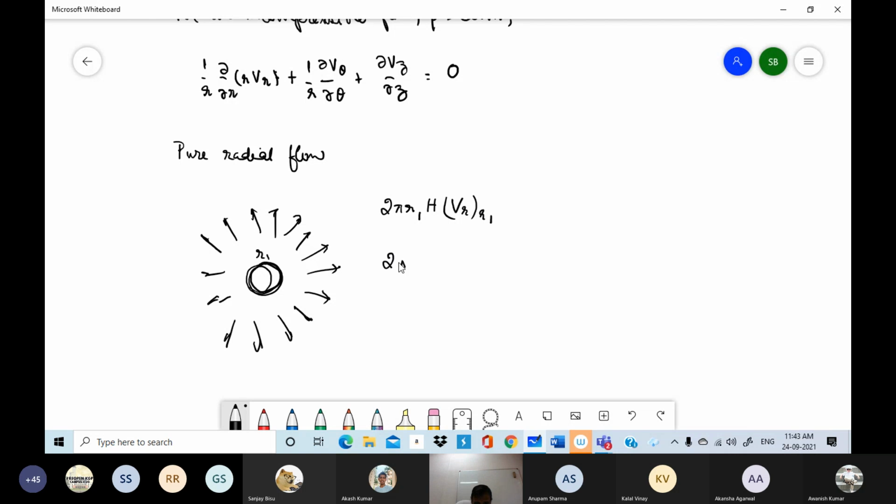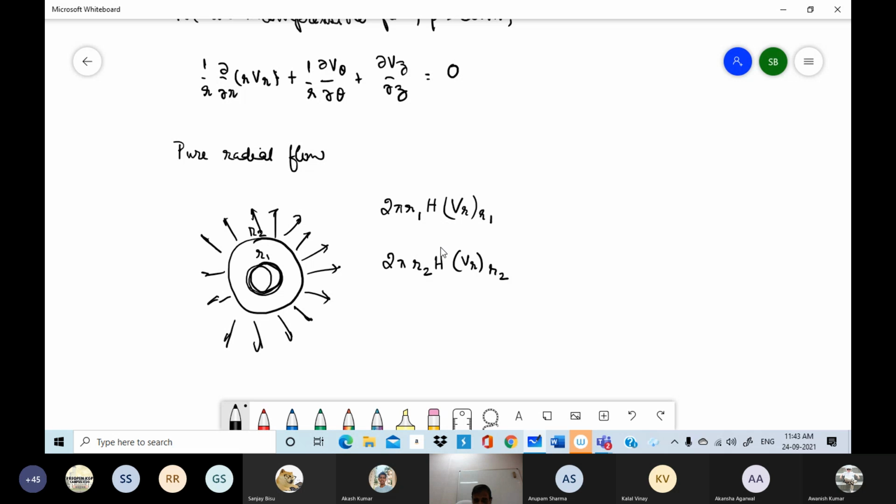Similarly at r2. If I have a steady flow and there's no accumulation of mass, then if I draw another circle of radius r2, whatever is flowing out from here must flow out from here. So therefore, this must be equal to this.